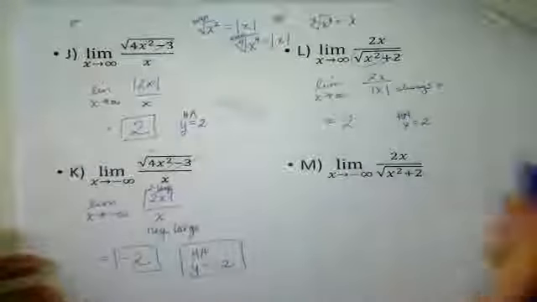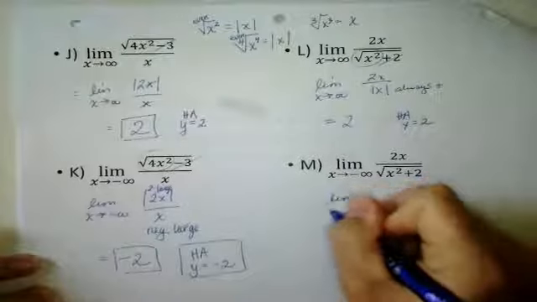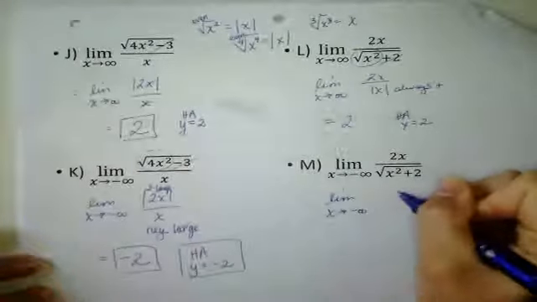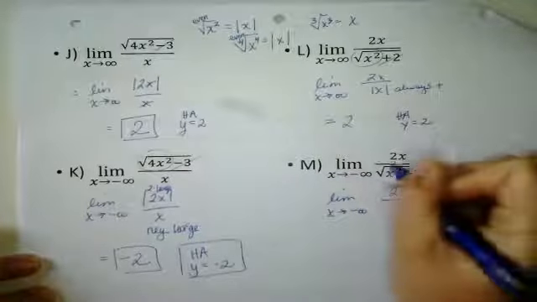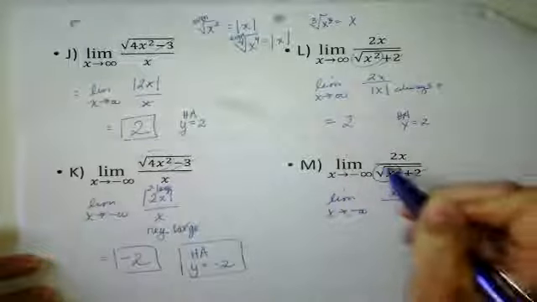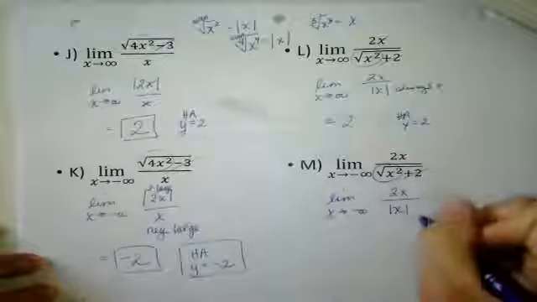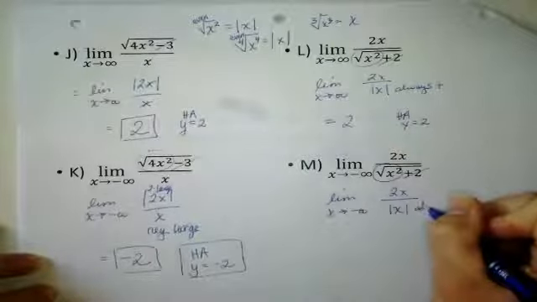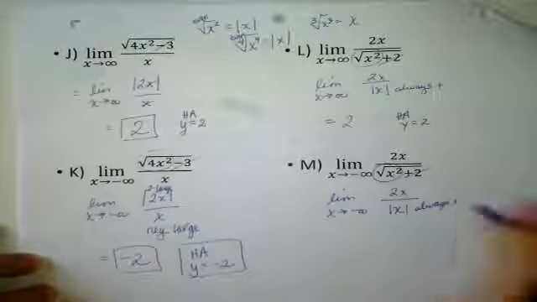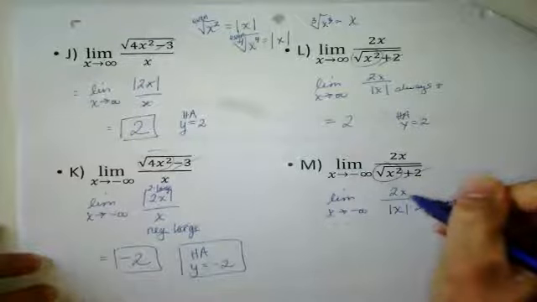And here in the other direction, cleaning this up a little bit, using negative x values. Again, 2 is insignificant. The square root of x squared is the absolute value of x. And again, this denominator is always positive, but the numerator can change signs.